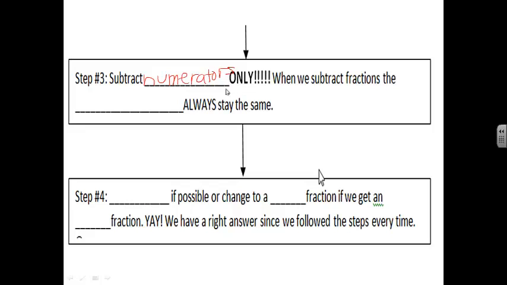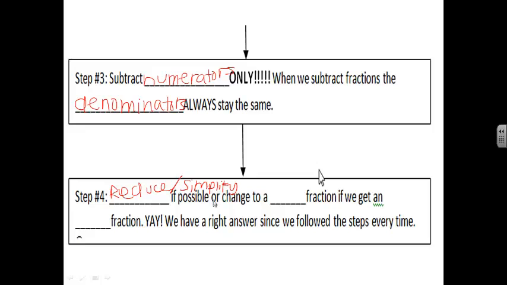Okay, once you get that common denominator, it stays. Okay, when we subtract fractions, the what? What did I just say? The denominators always stay the same. Okay. Now, step 4, the last thing we do is reduce. What's another word for reduce or simplify?